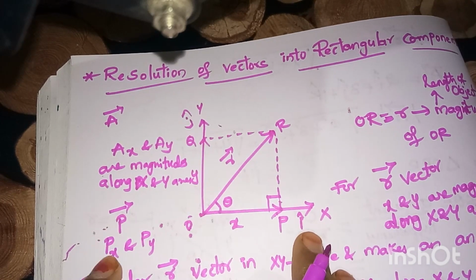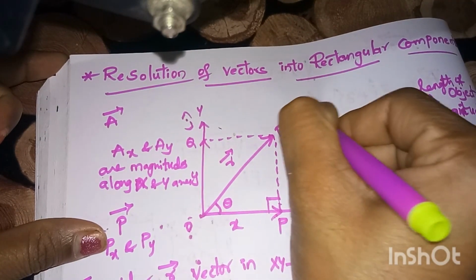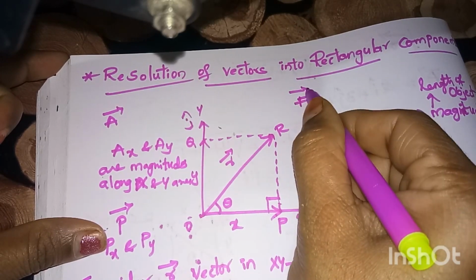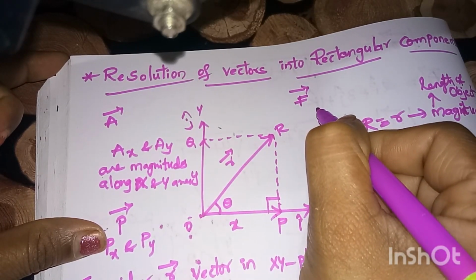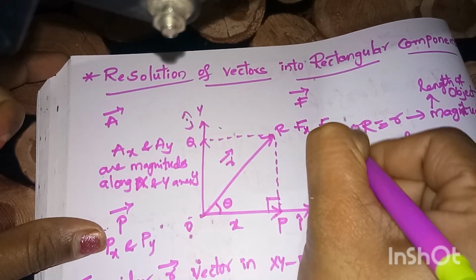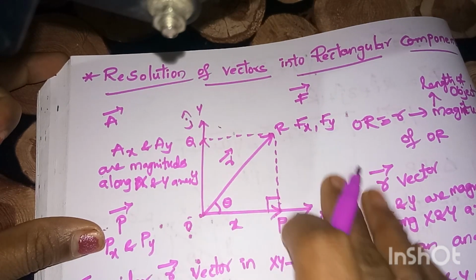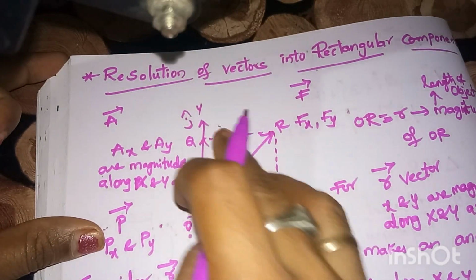So p bar means px and py. So if we take f bar as a force, which is a vector, its magnitudes along x and y axis will be fx comma fy. In this way you can write the magnitudes along x and y axis.